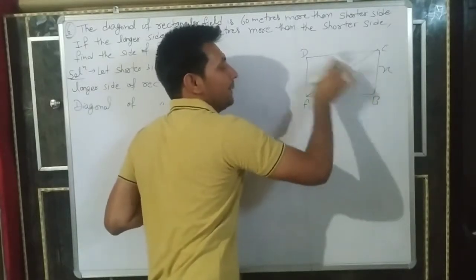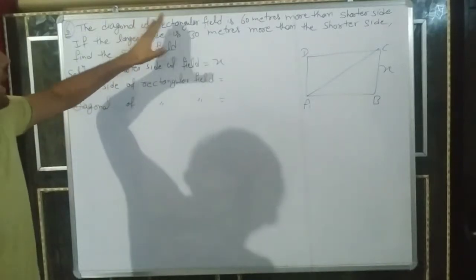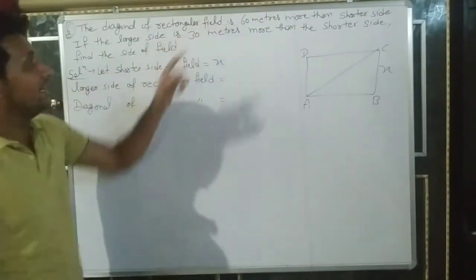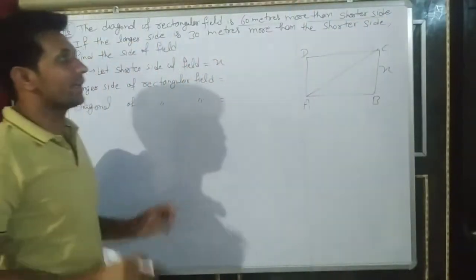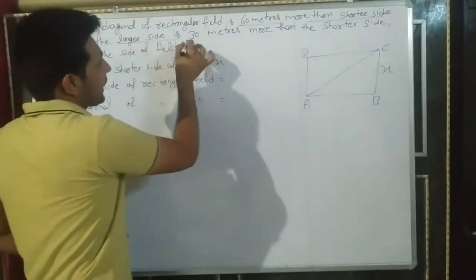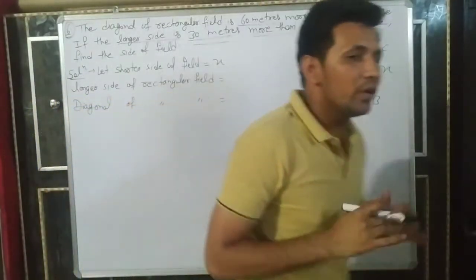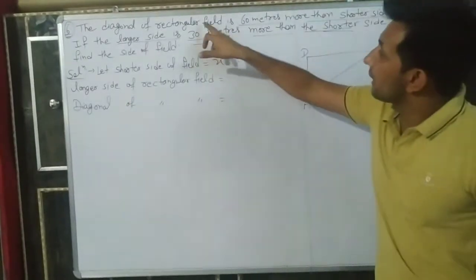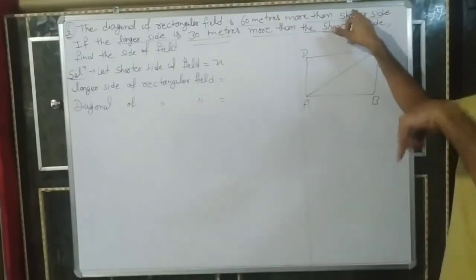AC is a diagonal and BD is a diagonal. Next, the diagonal of the rectangular field is 60 meters more than the shorter side. If the longer side is 30 meters more than the shorter side.